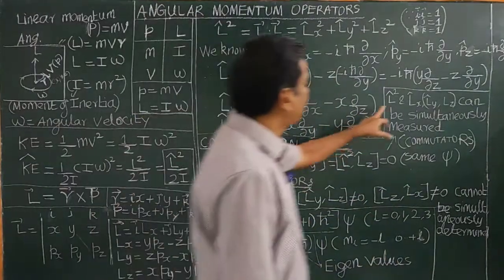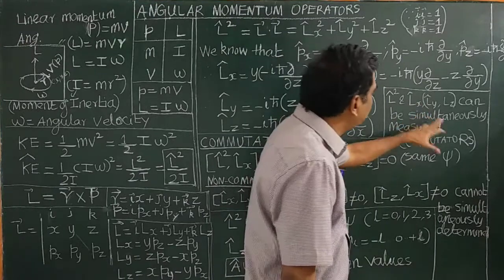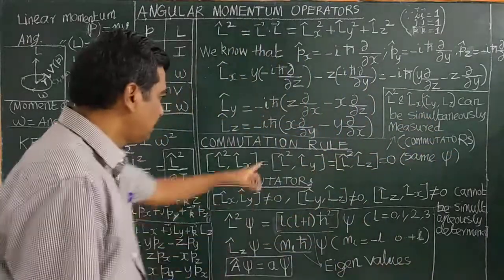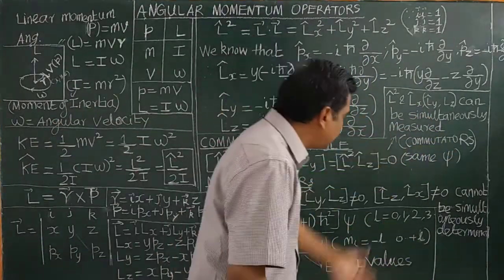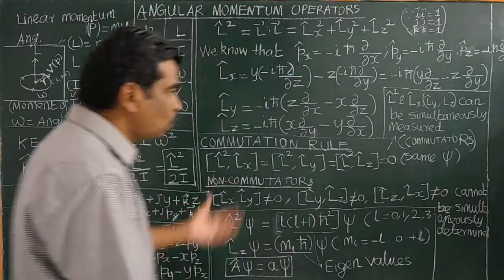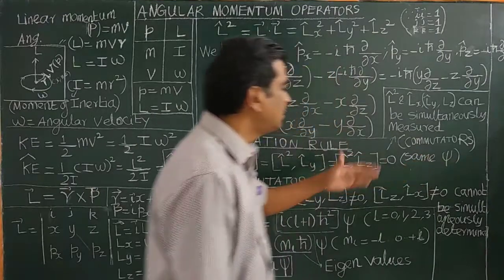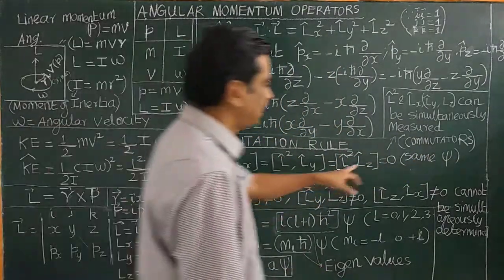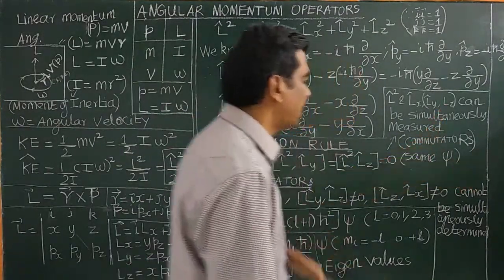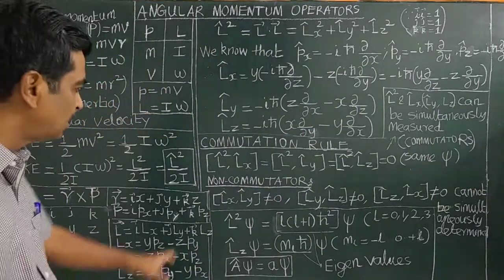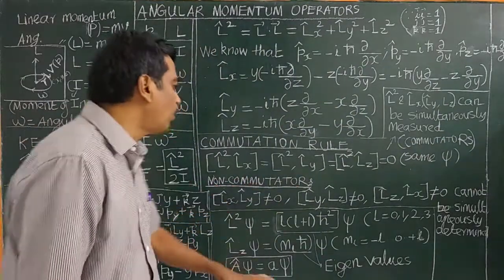That means L squared and Lx can be simultaneously measured. L squared and Ly can be simultaneously measured because the two operators are commutative. If two operators are commutative, then they have the same eigenfunctions. They may ask this in your competitive examination. Similarly, what are non-commutators?